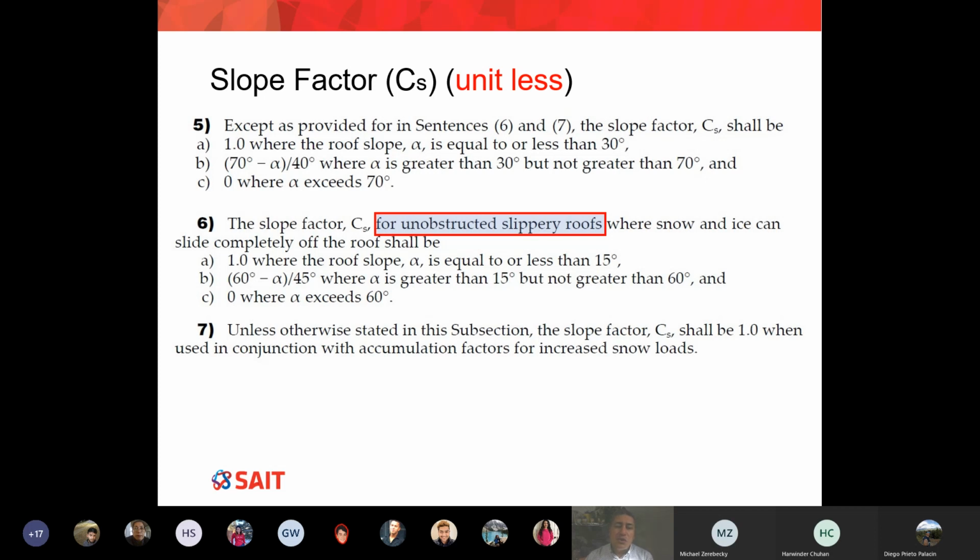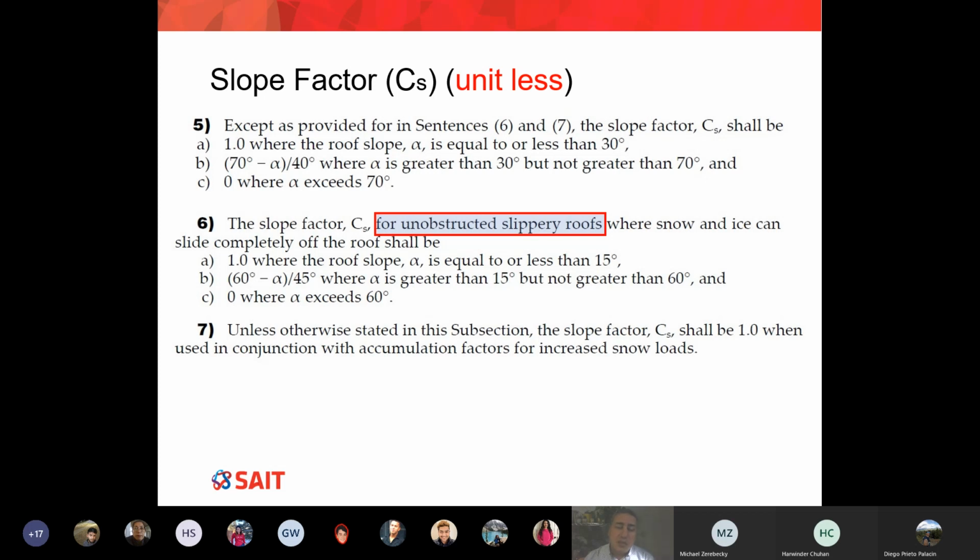For example, let's go to alpha equal to 45. So 60 minus 45 is 15. You divide 15 by 45 and you get 1/3.